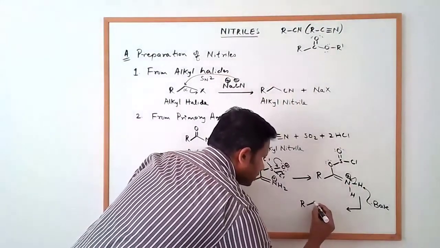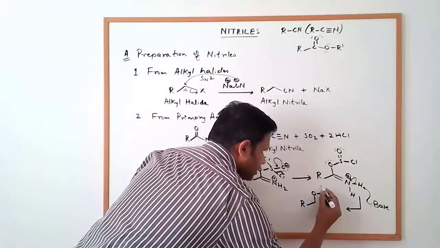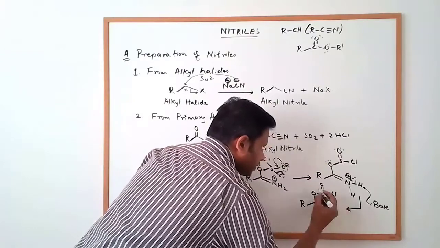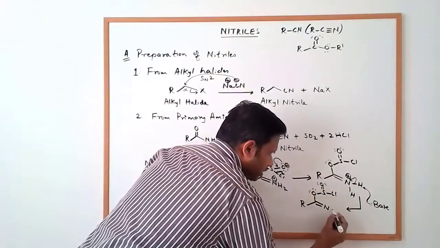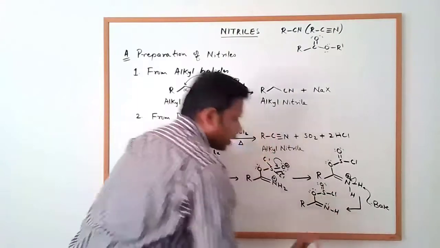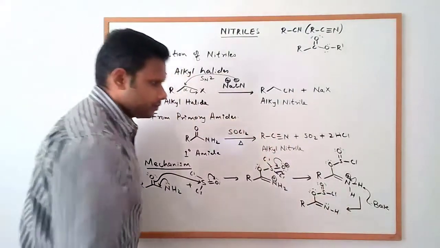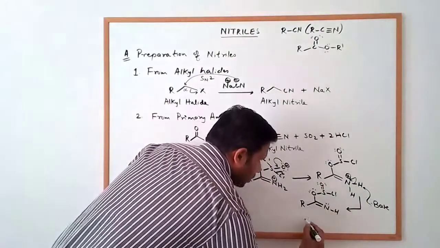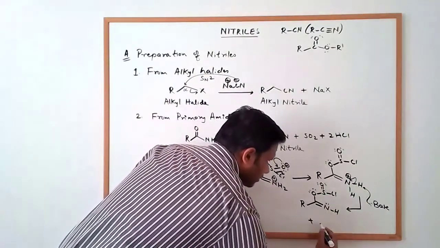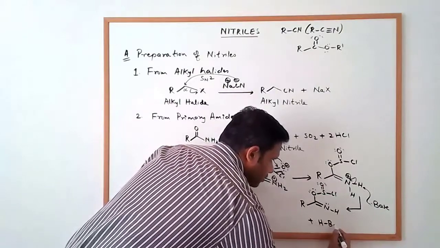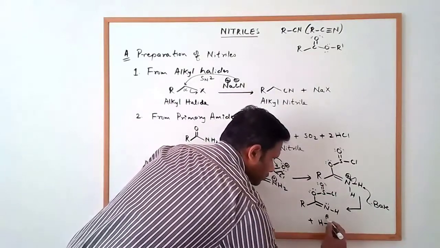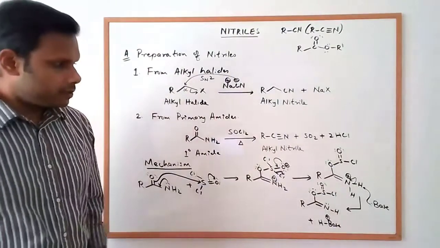It brings us to the next intermediate, where we would have a double bond to nitrogen, a hydrogen, and a lone pair on the nitrogen. And along with that, we will have the protonated base.